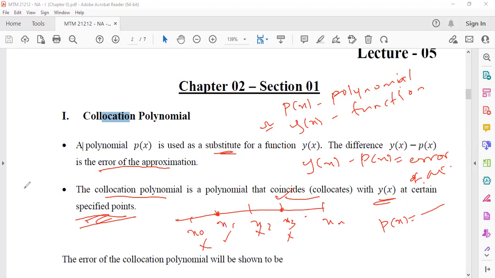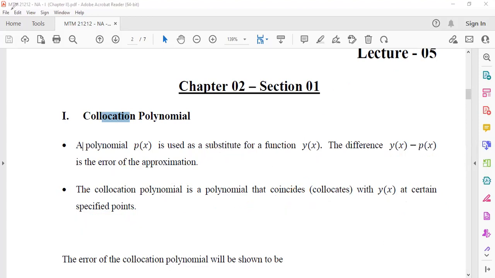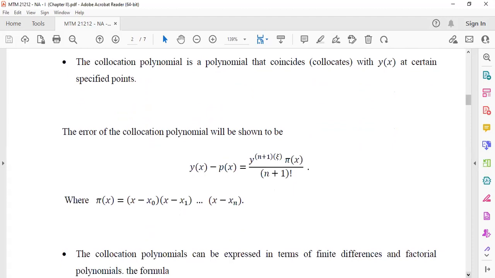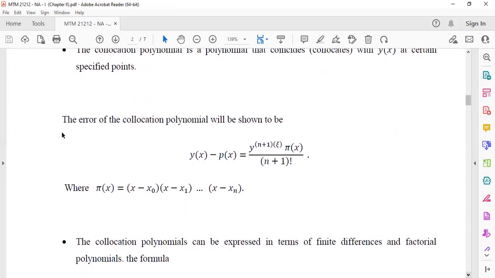Okay, let me continue. The error has been defined as y(x) minus P(x). They coincide only at some points, so we may have some errors.